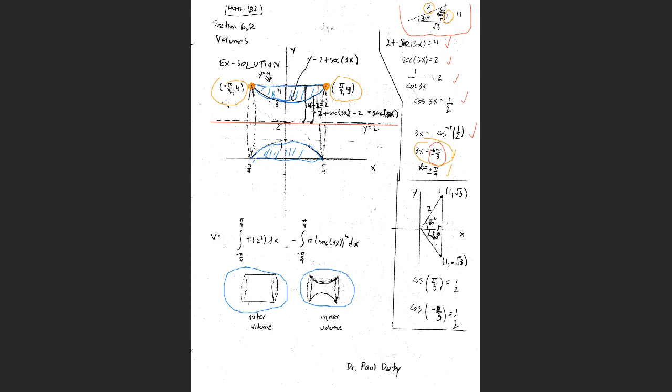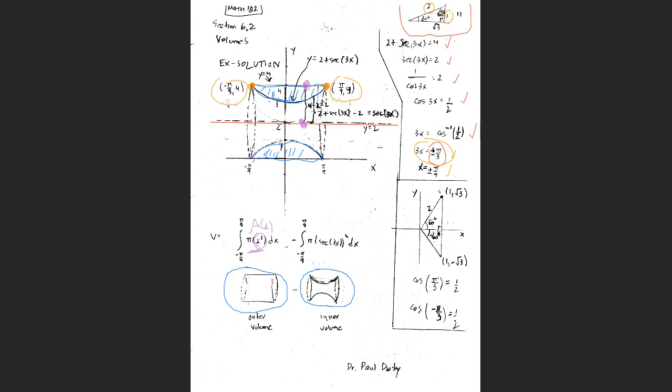Well, the outer radius is simply going to be this value here minus this value, and that is 4 minus 2. So for the outer volume, 4 minus 2 is 2, so the radius is 2. So the area A of x is equal to pi times 2 squared. That's for the outer volume.